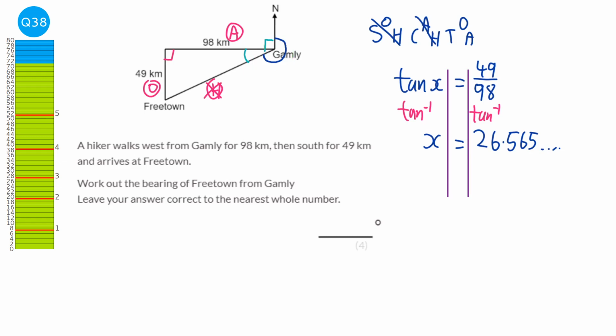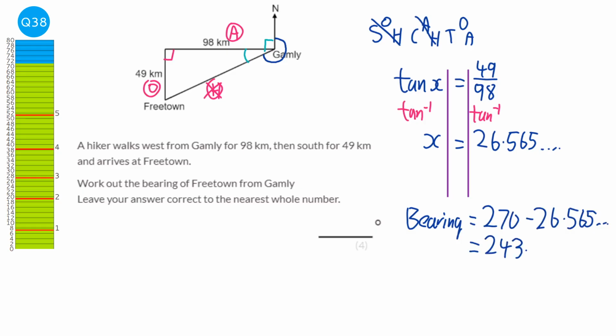So what I'm going to do now is we're just going to work out the bearing. So bearing, we're just going to do 270, take away the 26.565, and so on. And that gives us 243.434, and so on. It says it wants it to the nearest whole number, so that's going to be 243.